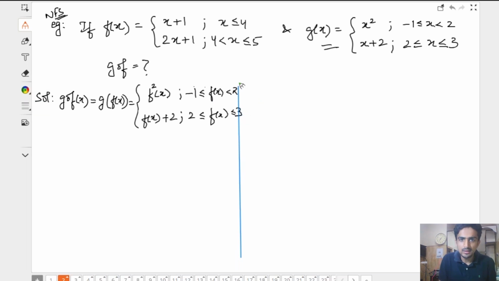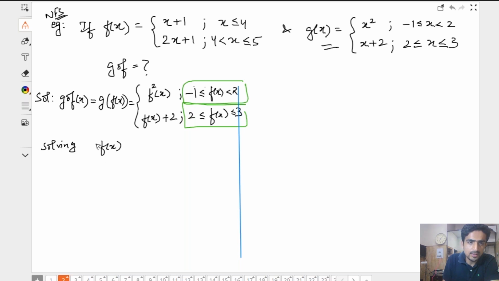Now clearly I need to find x from here and from here. So let us find that. First, let us solve f(x) lies between -1 and 2. Let me call this statement star.